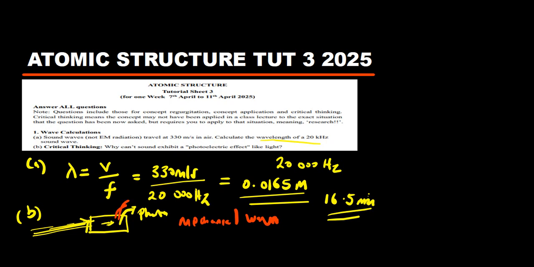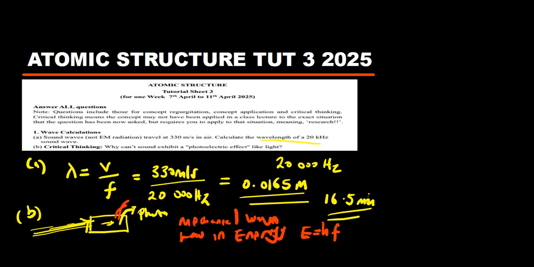The other thing is that sound waves are very low in energy. That is very important to understand, because for waves, energy is given by Planck's constant multiplied by the frequency.